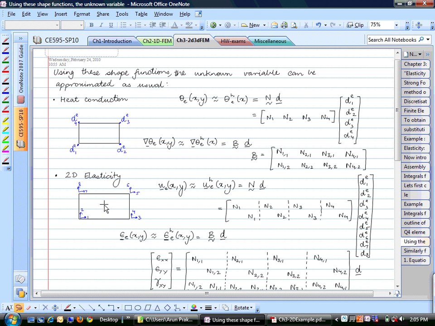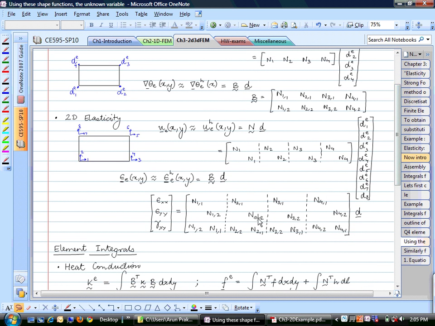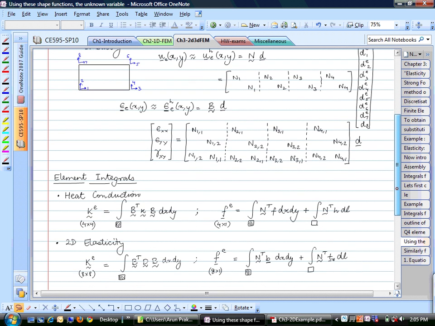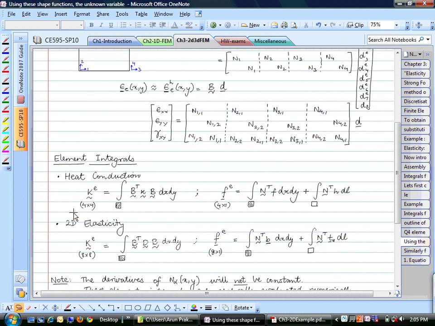Okay. And similarly, in the B matrix, you will have this one extra set of components. The same D vector that comes in here. So this is the finite element approximation. You plug that into your weak form, and you will end up with the same sort of element stiffness matrices.